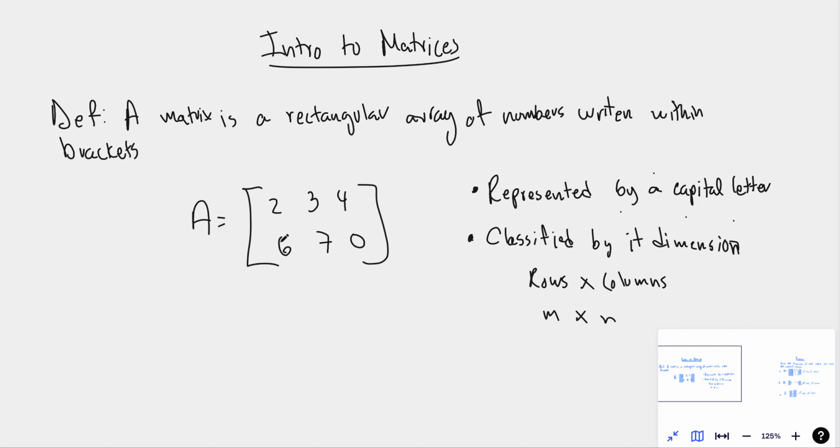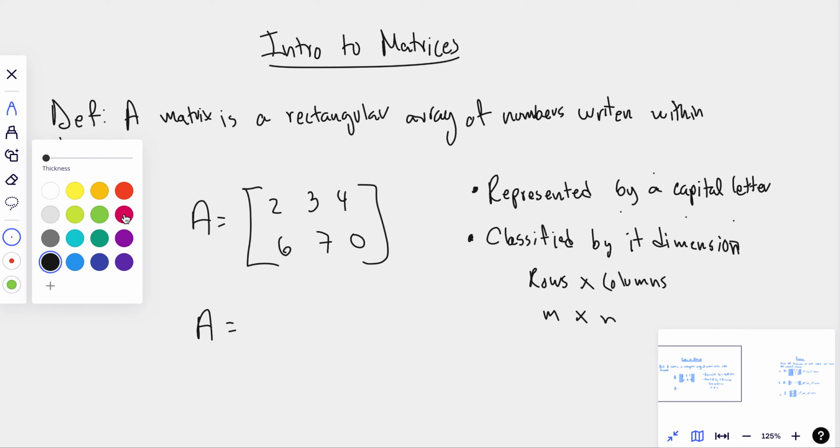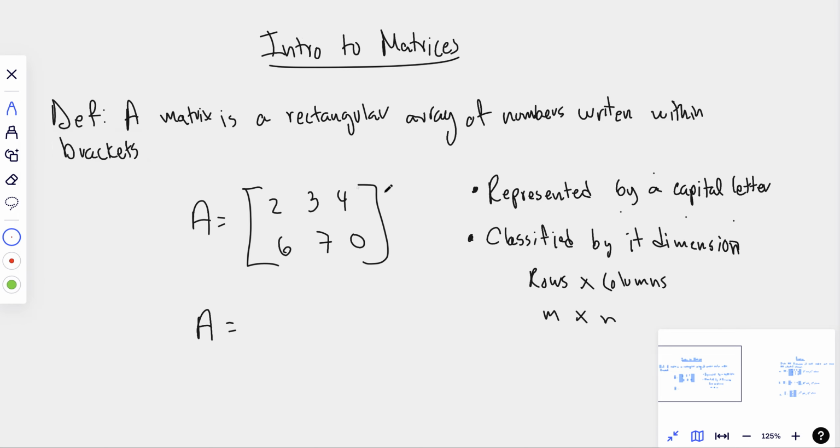Well, let's classify this matrix. Matrix A, let's see how many rows it has. Matrix A has 2 rows. It has 1 and 2.